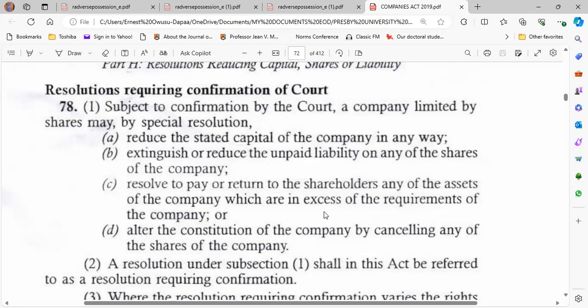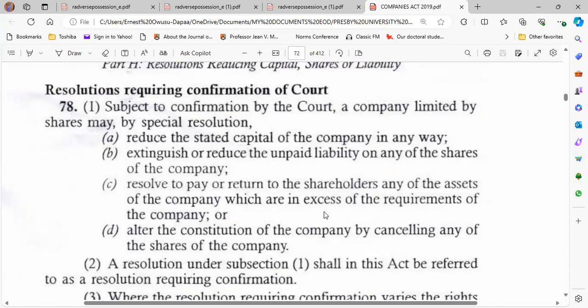Either there's unpaid liability or, for whatever reason, there is a lack of understanding or consensus or unanimity, and for whatever reason, you may need to cancel shares of certain shareholders and so on.